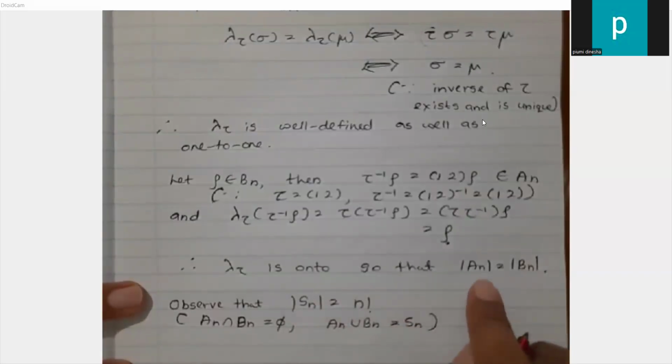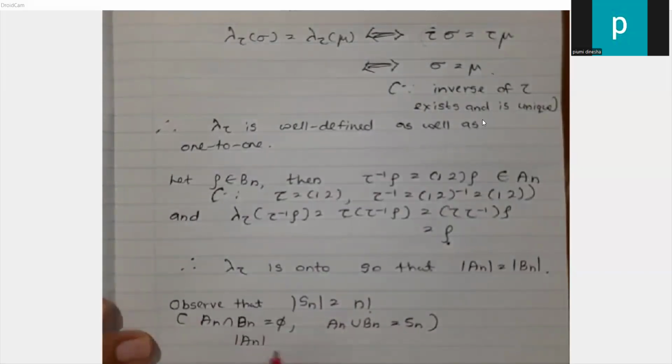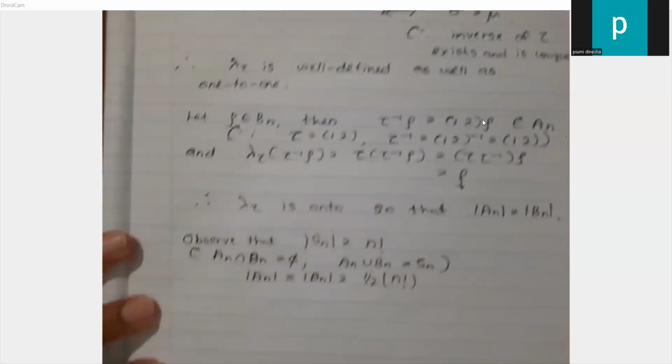Now from this theorem, we see that they have the same order. So this simply means you have An and its complement must be Bn. By definition of those two, the complement of An is Bn. Not only that, the order of An plus the order of Bn must equal the order of Sn, and those two are the same. So the order of An and Bn must each equal one half of the order of Sn, so n factorial over 2 it must be.